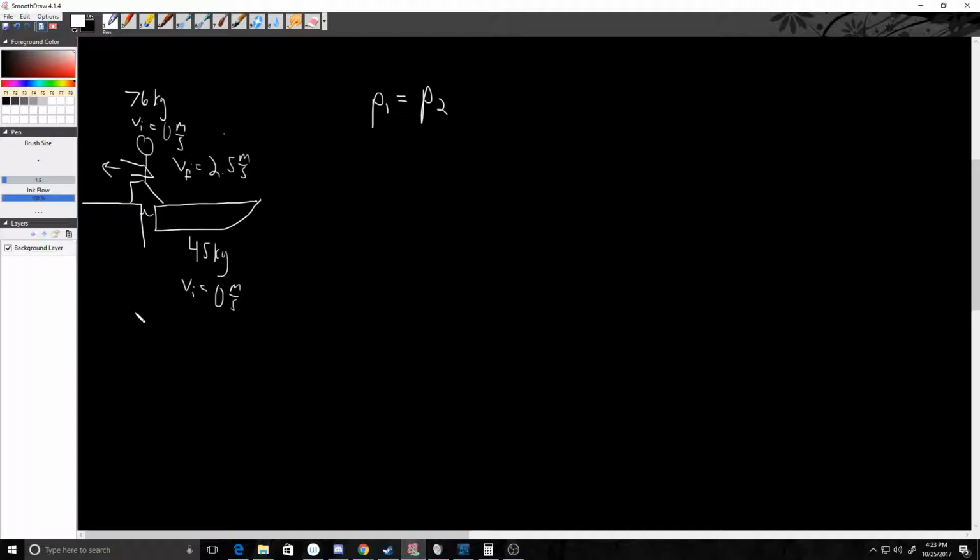Let's just say that the boater is moving in the negative direction. So we're going to put a little negative sign. Actually, let's just completely erase this stuff. And we're just going to call that negative 2.5 meters per second. So in this case, he's stepping off that way.